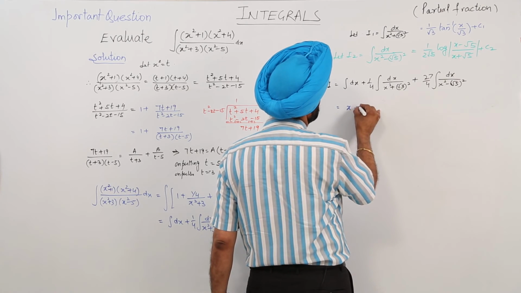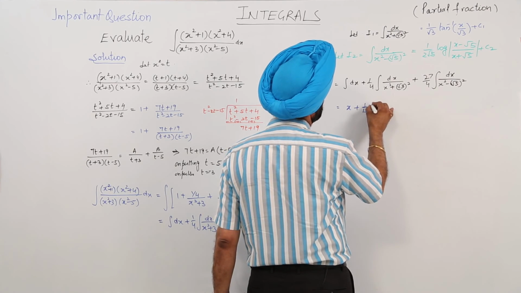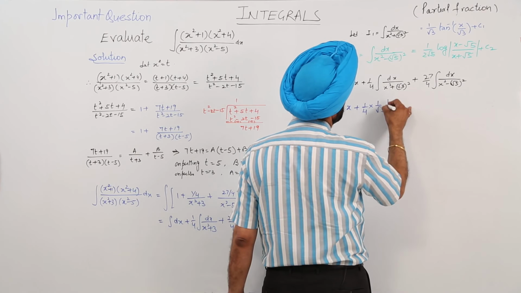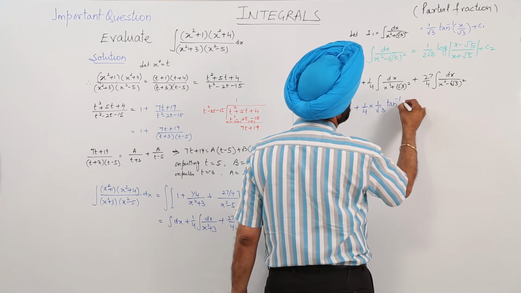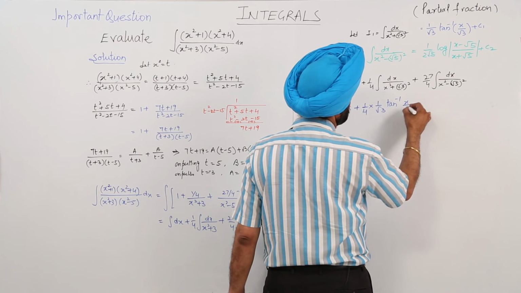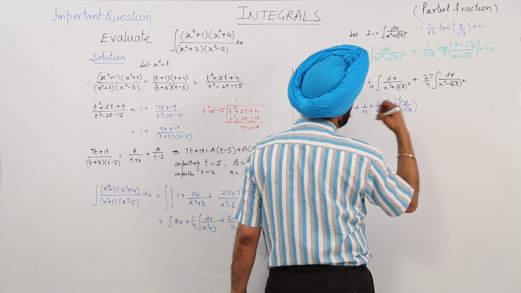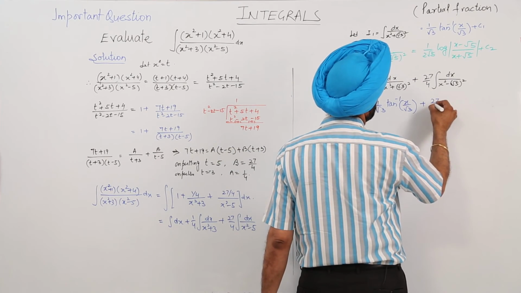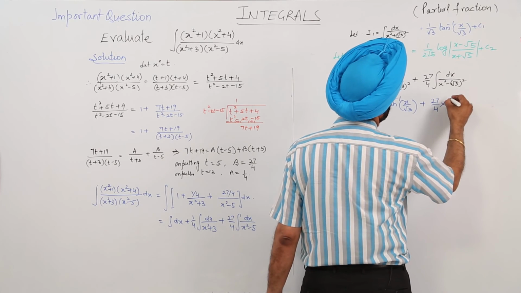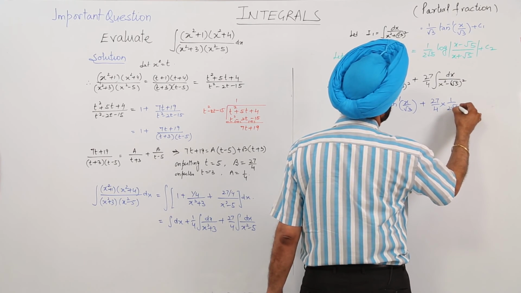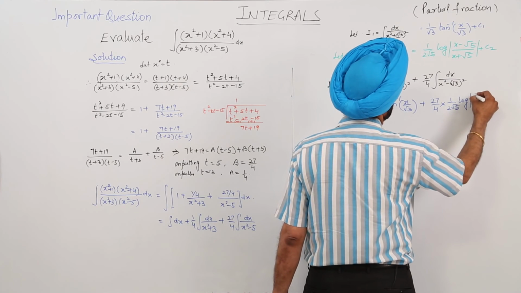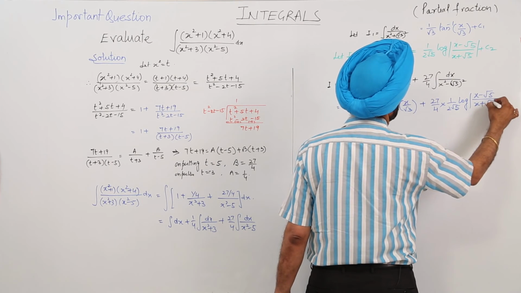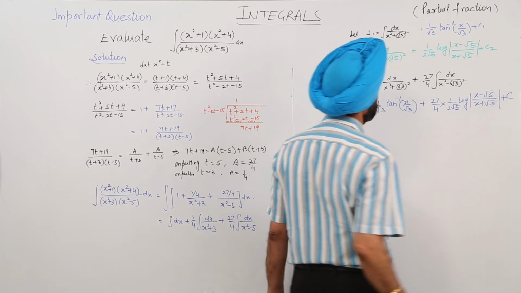This becomes x plus 1 by 4 times 1 upon root 3 tan inverse x upon root 3 plus 27 upon 4 times 1 upon 2 root 5 log x minus root 5 upon x plus root 5 plus capital C.